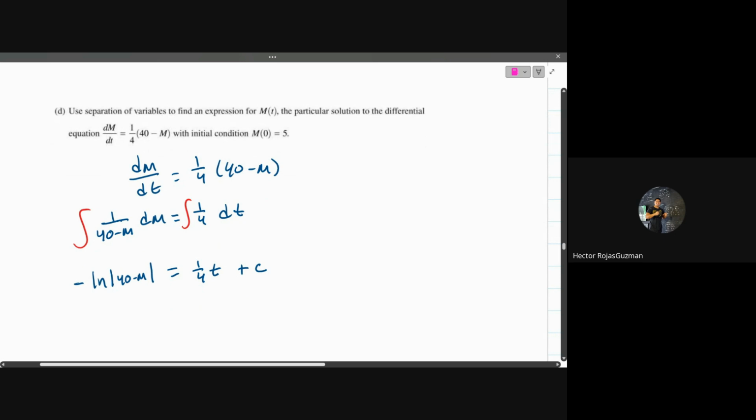And for those of you wondering where the negative came in, think about it this way. The integral of 1 over u dm, where u is equal to 40 minus m. So that means that du/dm is negative 1. When you separate du and dm, you get that du is equal to negative dm, but we only have a positive 1.